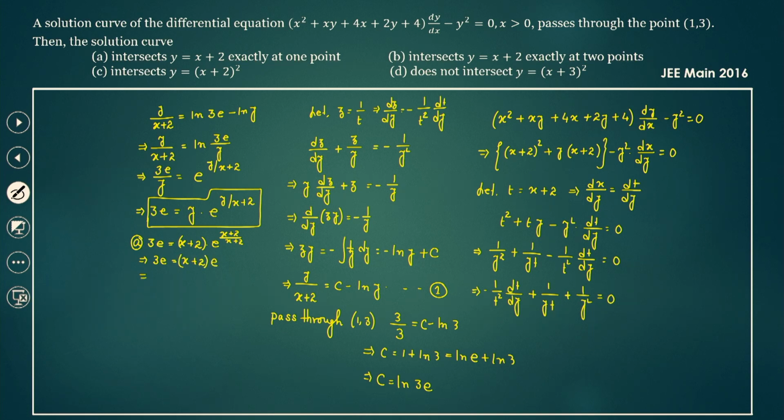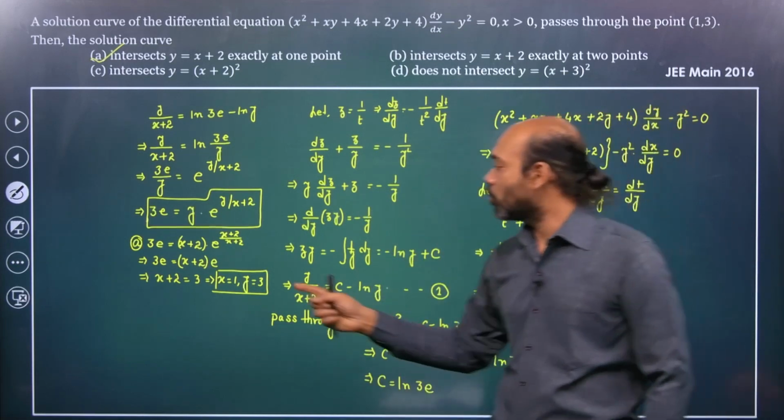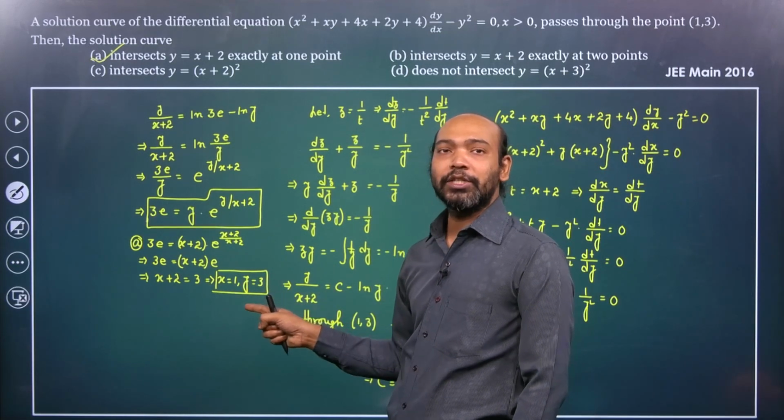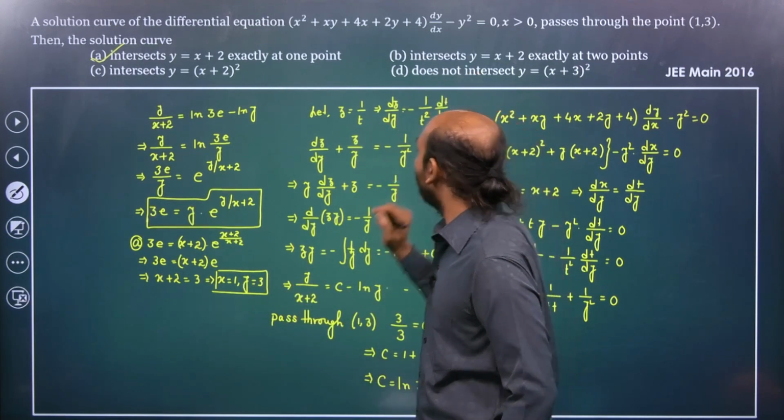That implies that x plus 2 is equal to 3, and that's why we'll get the final answer x equal to 1. And whenever x is equal to 1, it intersects at the point y equal to 3. So therefore, option A is the correct option. That means the solution curve will intersect the curve at at least one point, because we get the point of intersection as only 1. Okay, so now let's go ahead and test the second one.